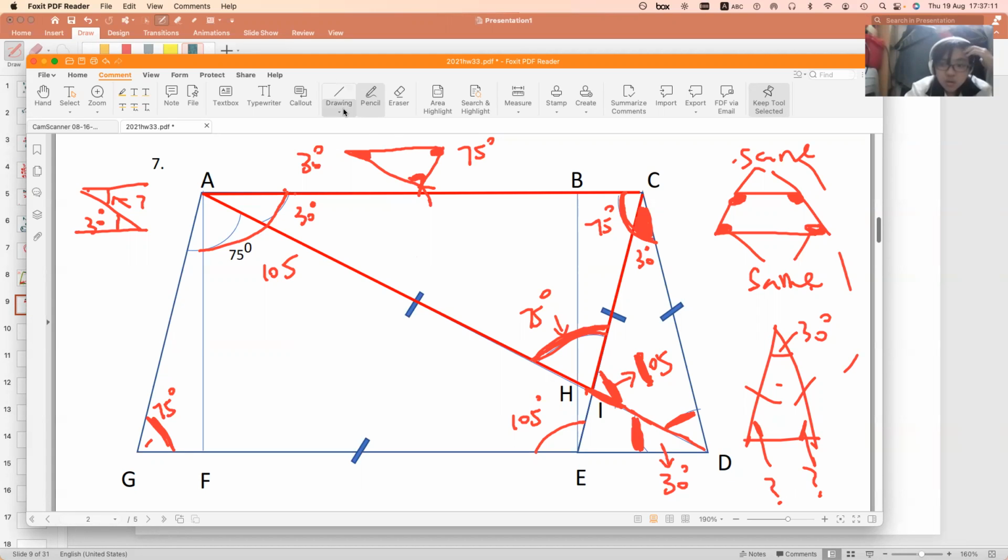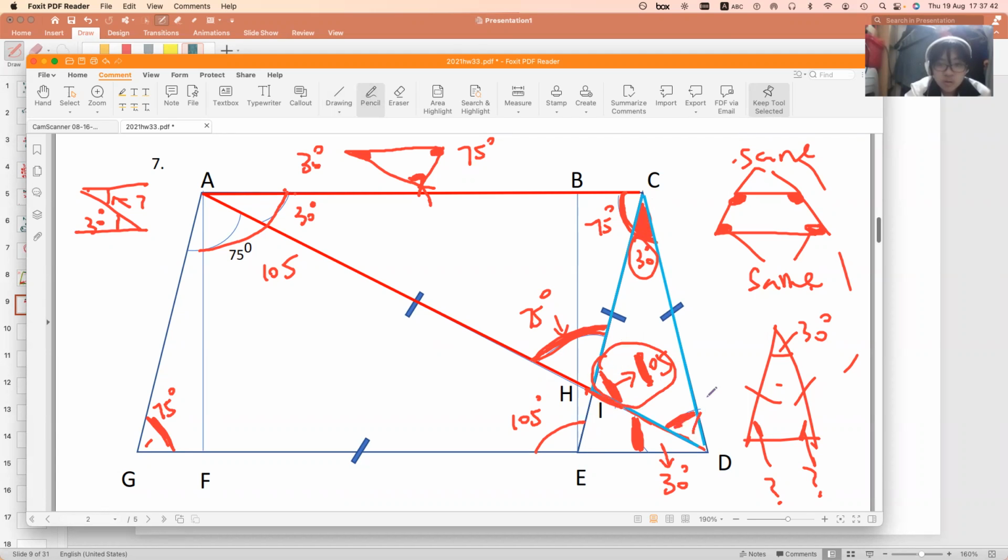So what you could have done is this. So you can actually form this triangle already. Can you see the blue triangle? Yeah. So the blue triangle is, this part is 30, and then this part is 105.